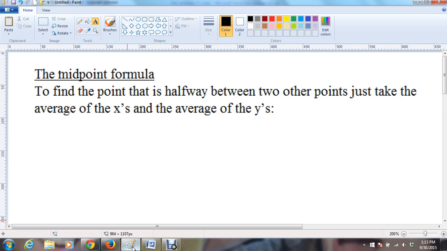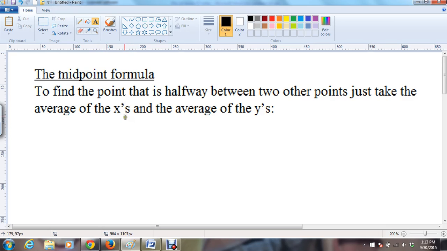Okay, so the last thing in lesson 37 is the midpoint formula, and this is just how to find the point that is exactly in the middle of 2 other points. And this is very simple. All you have to do is take the average of the x's and the average of the y's.